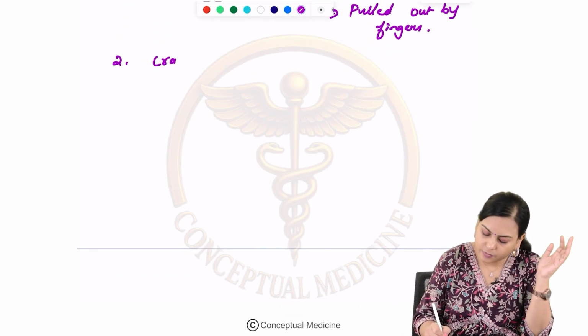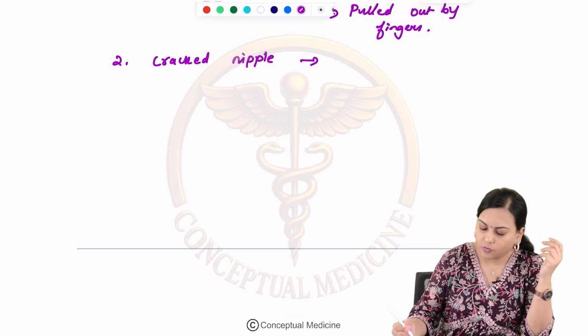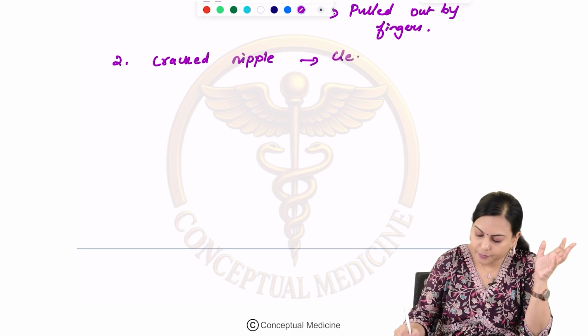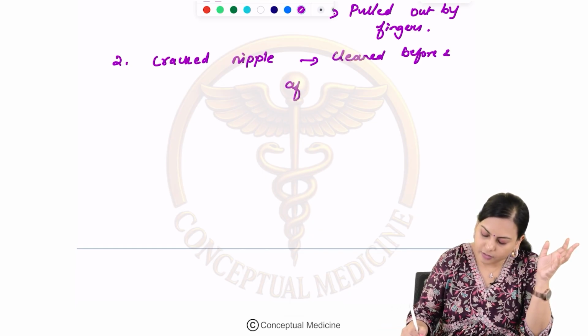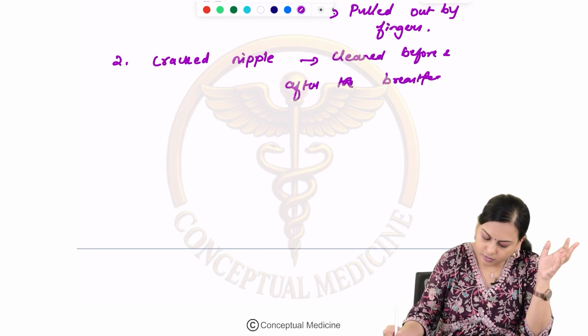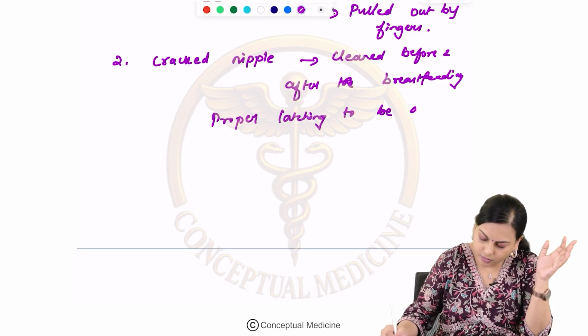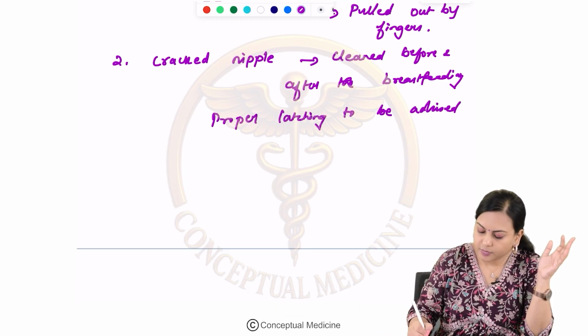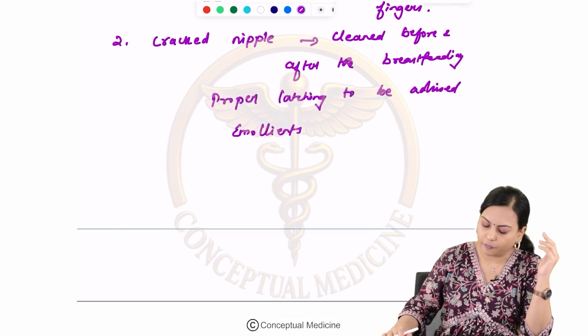Next thing is, because of the frequent breastfeeding, there can be cracked nipple. So, for this, nipple should be cleaned before and after the breastfeeding. Proper latching should be advised. Sometimes you can give emollients also for the comfort.